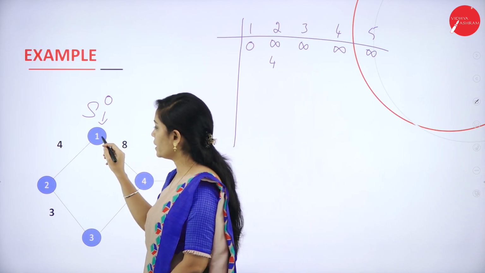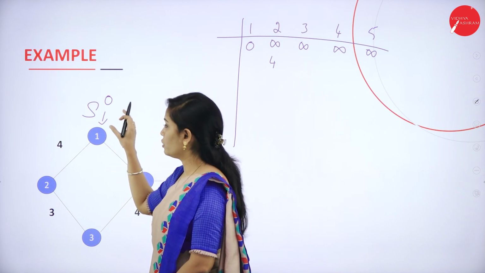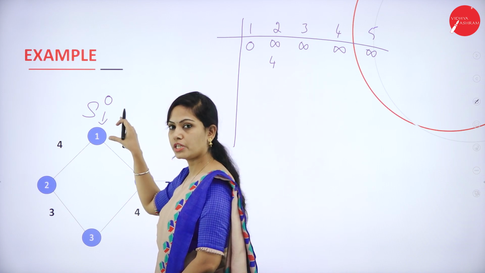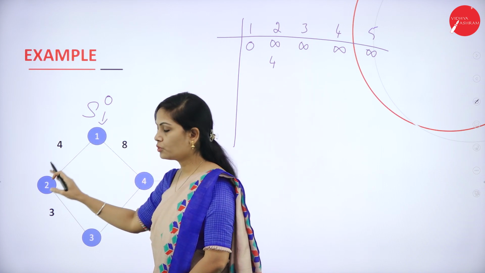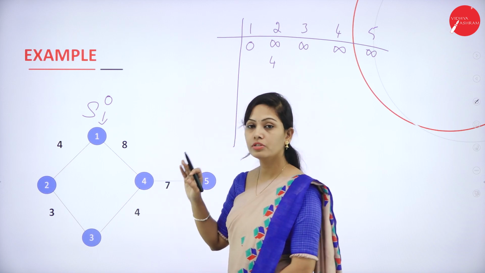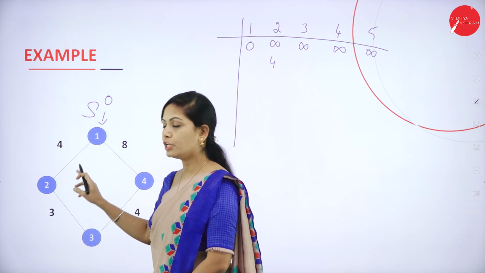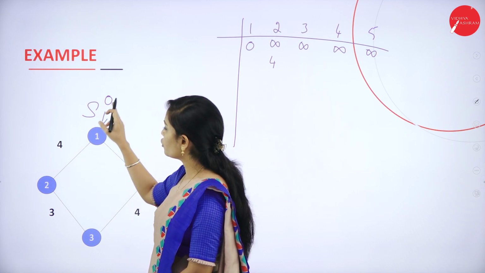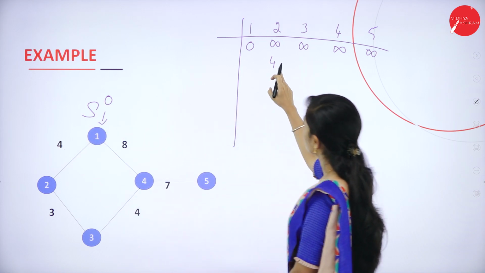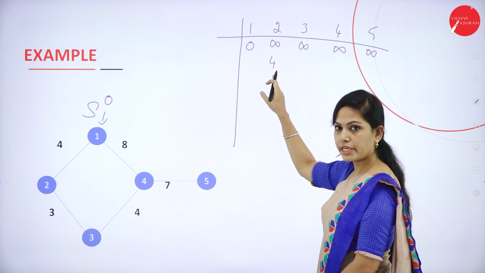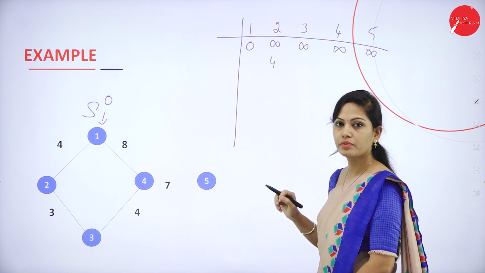And again I will repeat. Vertex 1's weight starts from 0 and it can travel to 2 and it can travel to 4. Here the edge value between vertex 1 and vertex 2 is 4. So 0 plus 4 is 4, and below vertex 2 you can write 4. Clear?